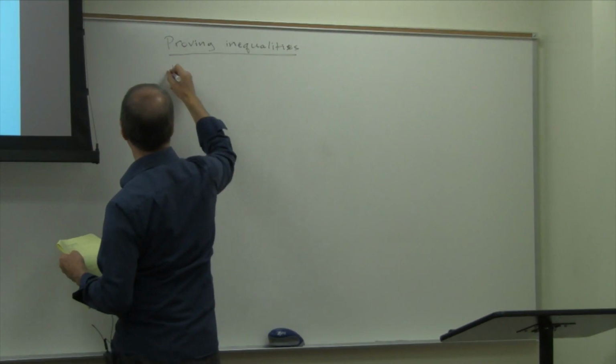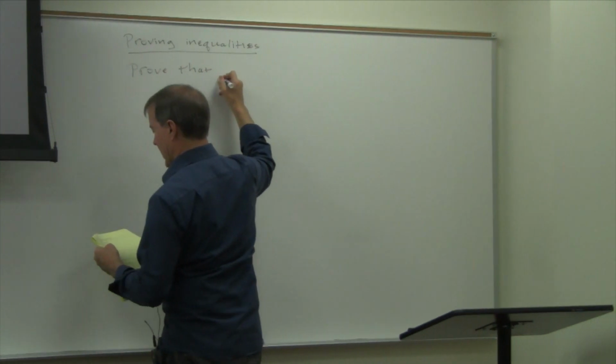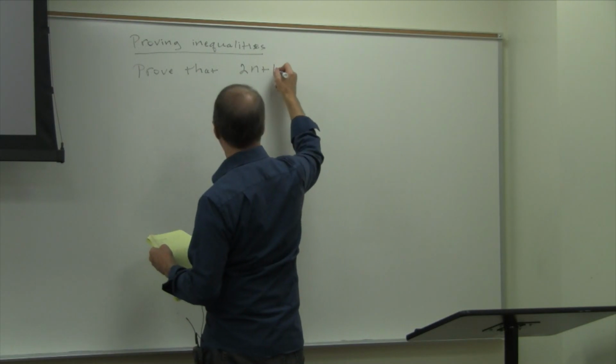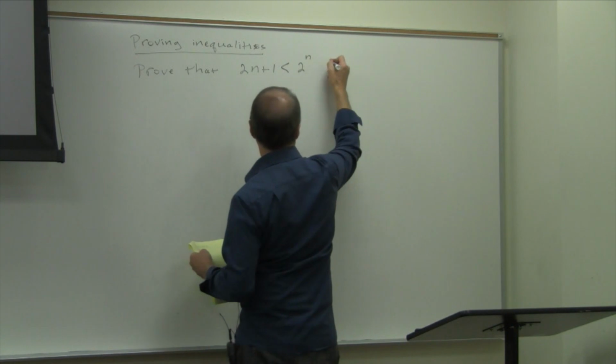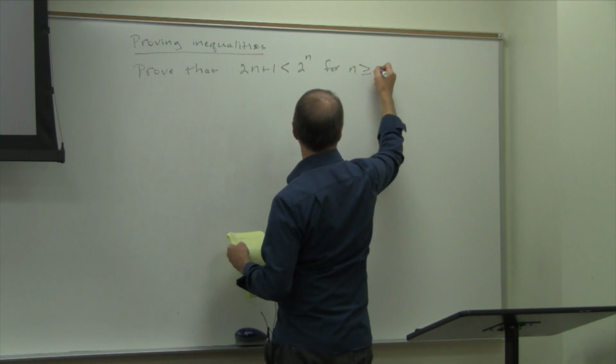Let's prove that 2n plus 1 is less than 2 to the n for n greater than or equal to 3.